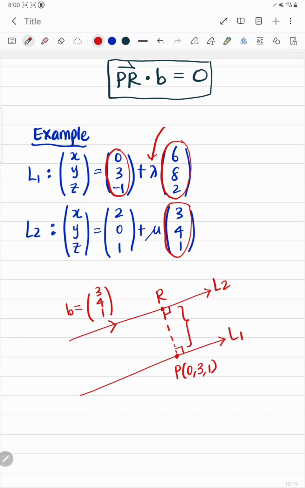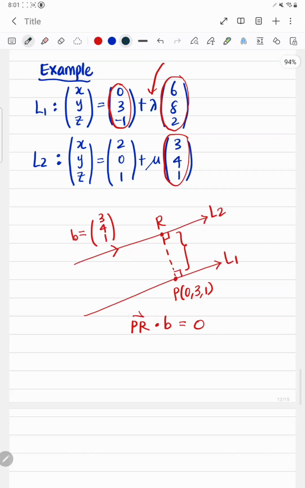So in order to find this shortest distance, we start with vector PR dot B equals 0. So we need to find the vector PR. In order to find vector PR, we need the position vector of R, and also the position vector of P. Because P is a fixed point, OP, the position vector of P, is actually (0, 3, -1).